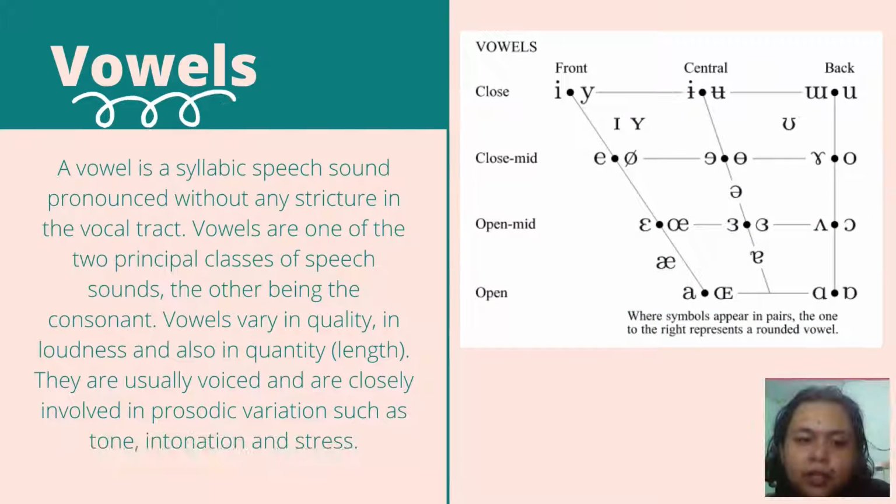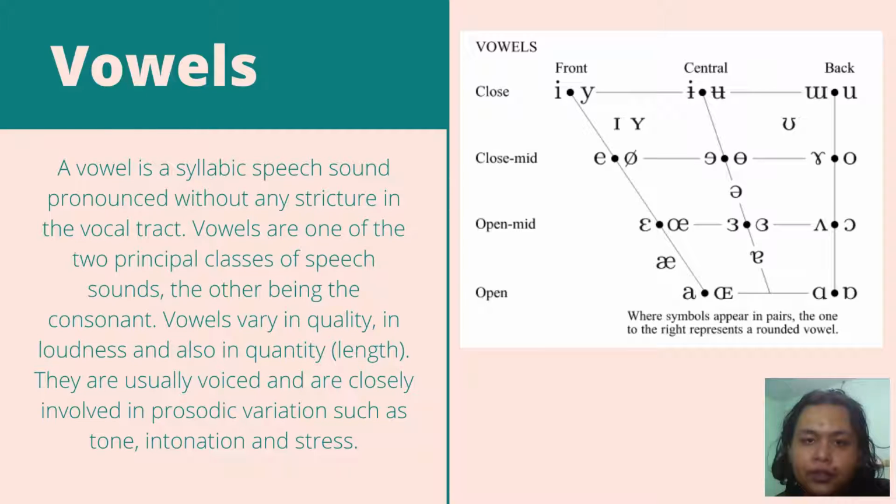Vowel is a syllabic speech sound pronounced without any stricture in the vocal tract. Vowels are one of the 2 principal classes of speech sounds, with the other being consonant. Vowels vary in quality, in loudness, and also in quantity or length.